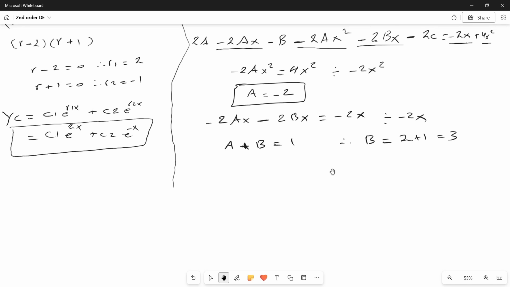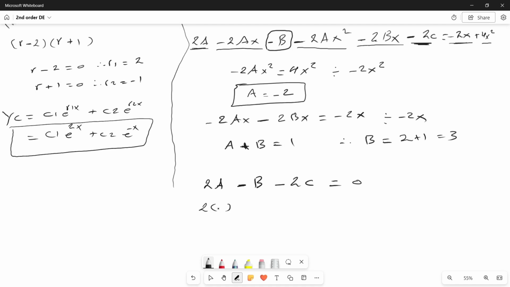Now the only variable left is c, and we have the following equation: 2a minus b minus 2c is equal to 0. Now 2 multiplied by negative 2 minus 3 minus 2c is equal to 0.